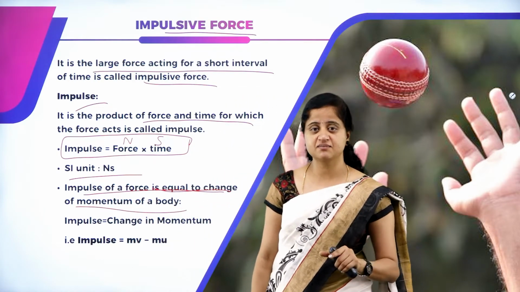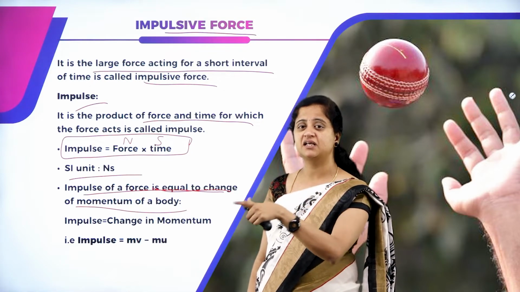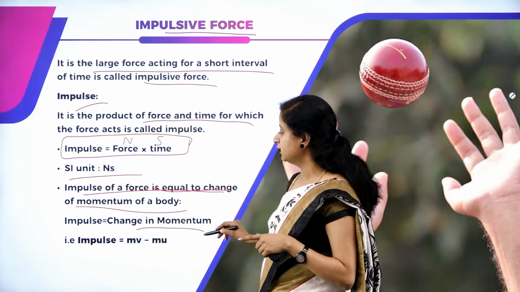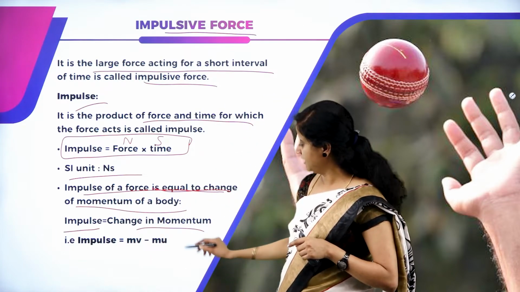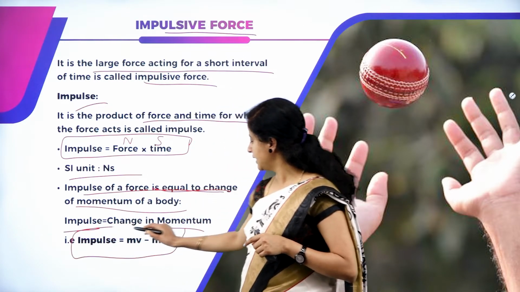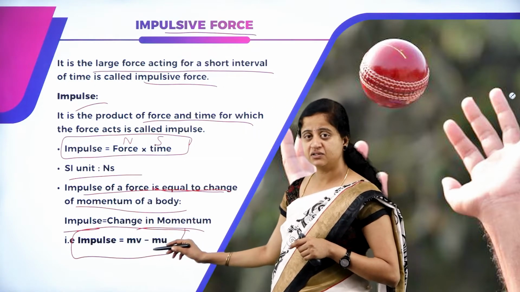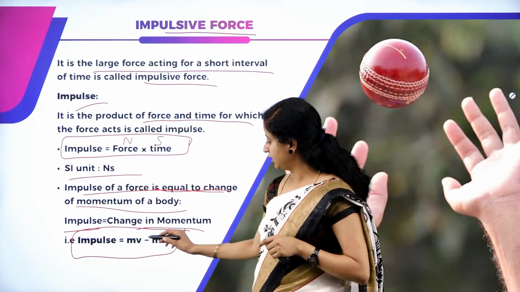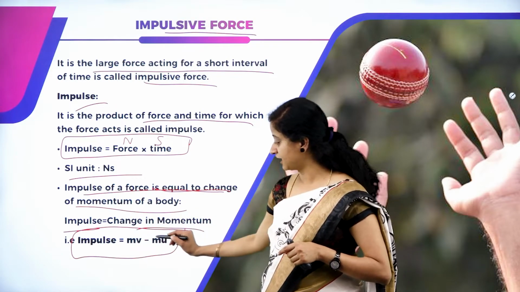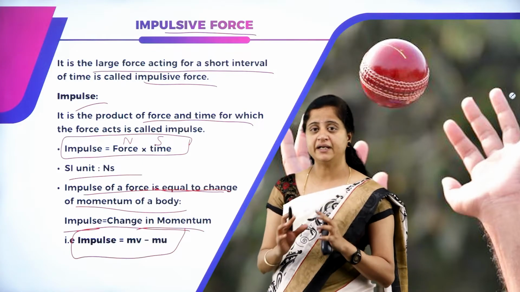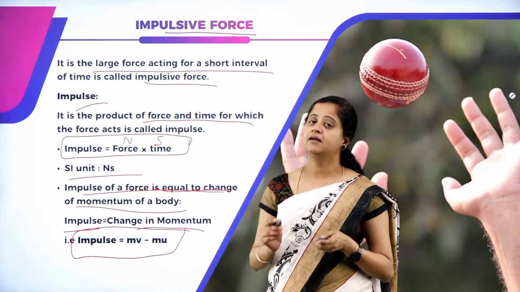What is this change in momentum? The final momentum minus the initial momentum gives you the change in momentum, and that is nothing but impulse. So it can be written as mv minus mu, because we know momentum is equal to mass into velocity. Here v is the final velocity and u is the initial velocity. mv minus mu gives us the change in momentum, and change in momentum is the impulse.